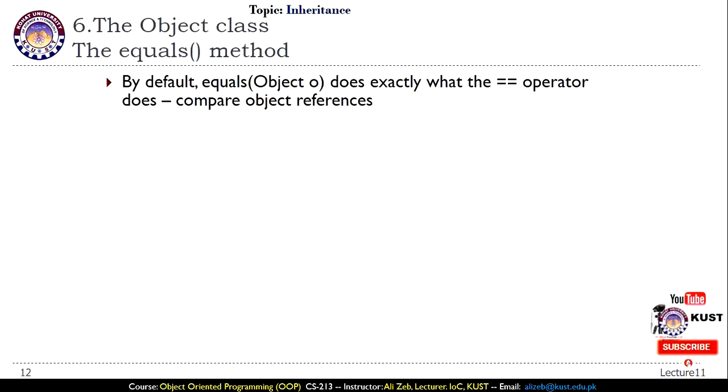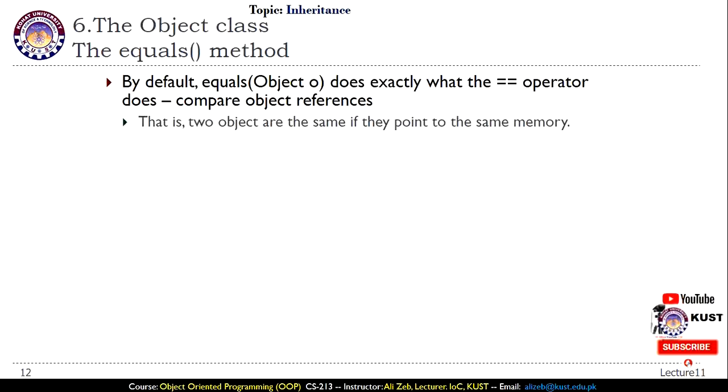The equals method, on the other hand, returns a boolean value. By default, equals has a parameter of type Object and does exactly what the equality operator does: compare object references.